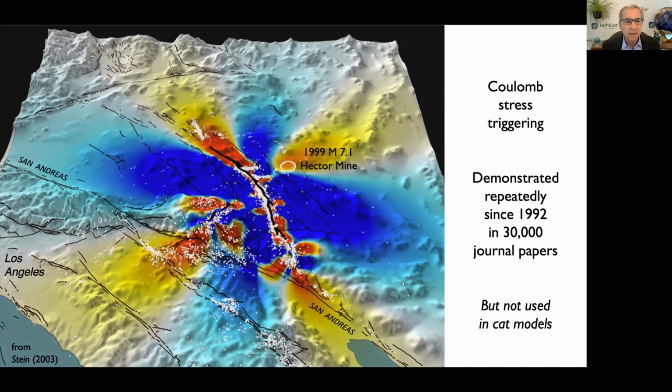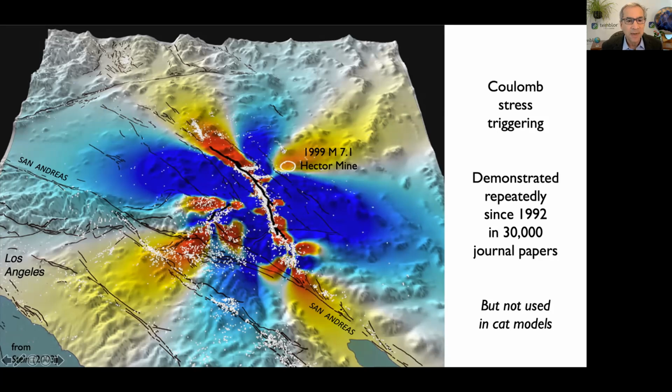The aftershocks, by and large, cluster in the red and yellow zones, and their rates are actually lower in the stress shadows, the blue zones, than they were before the Landers earthquake. And further, 7 years later, we had a magnitude 7.1 in the other off-fault lobe.